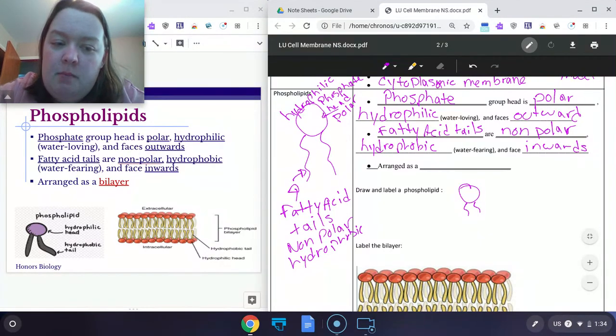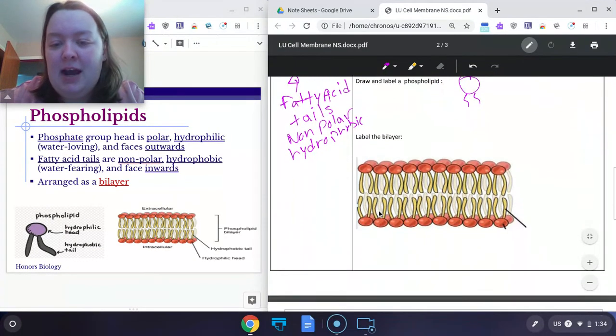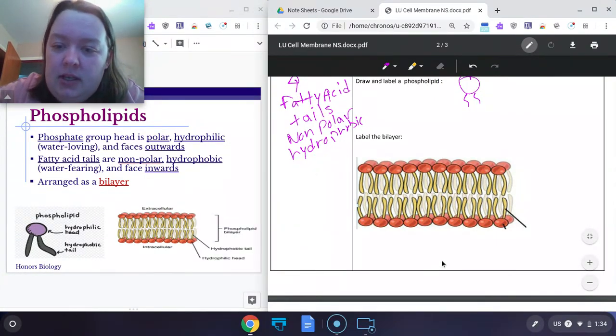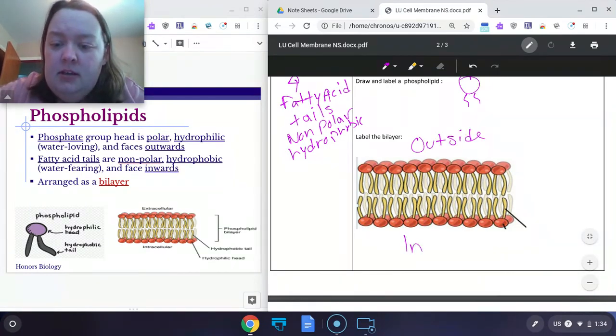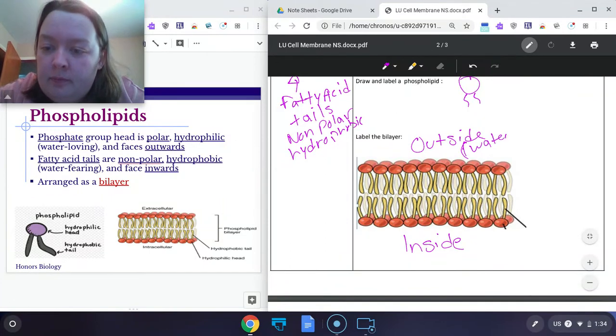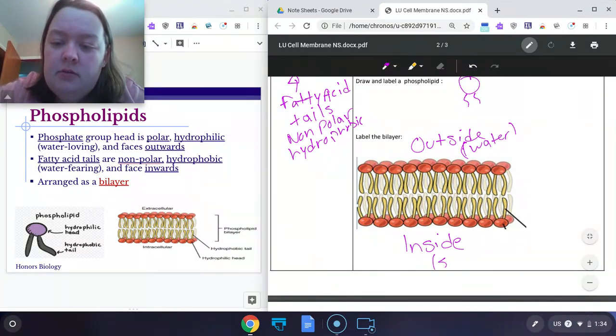My phospholipids are going to be arranged in a bilayer, meaning 2 layers. So here is a bilayer. And if we were to label it, let's just say this is outside of the cell. This is the inside of the cell. Outside of your cells, you find water. Inside of your cells, you find water. And what part of the phospholipid likes water?